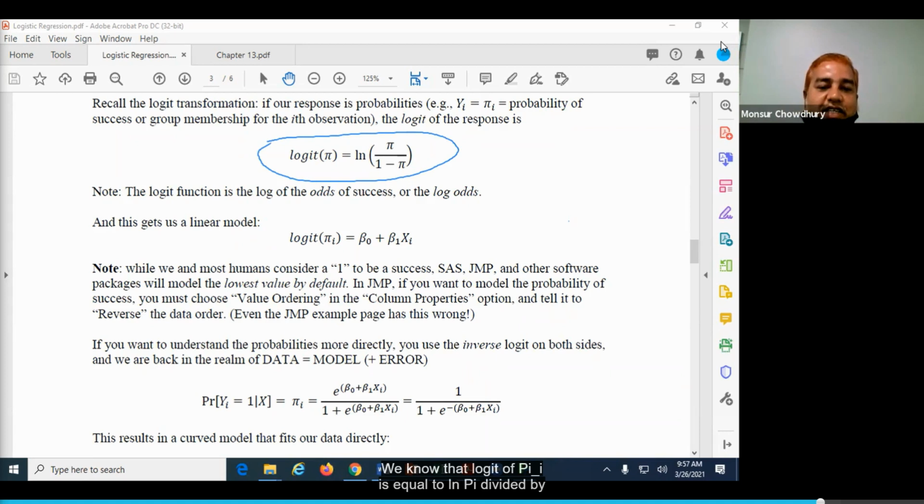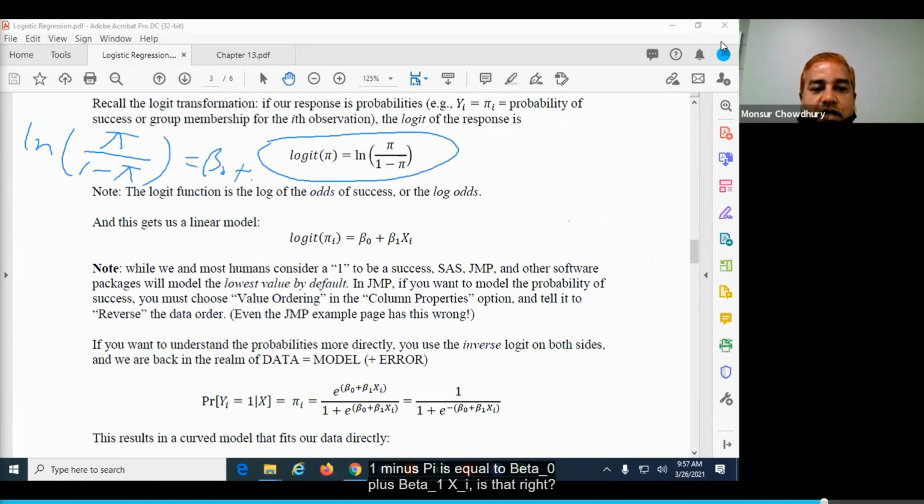Now we know that logit of pi_i is equal to ln of pi divided by 1 minus pi, which is equal to beta 0 plus beta 1 x_i. Is that clear? We just plug this in here.